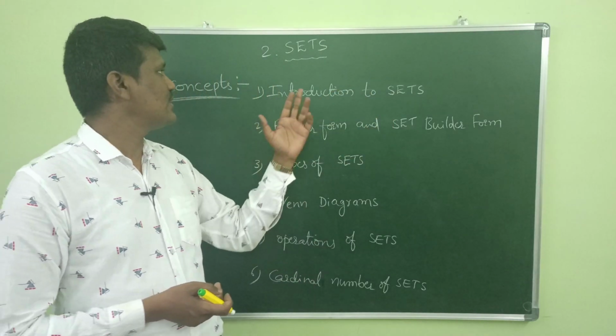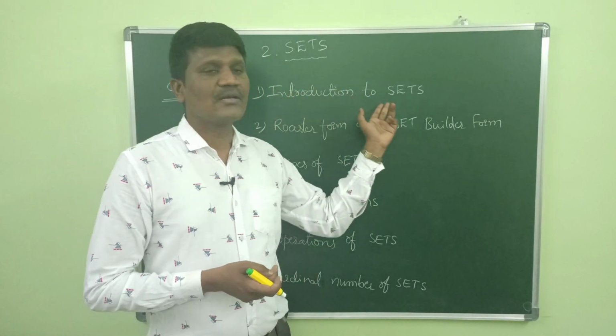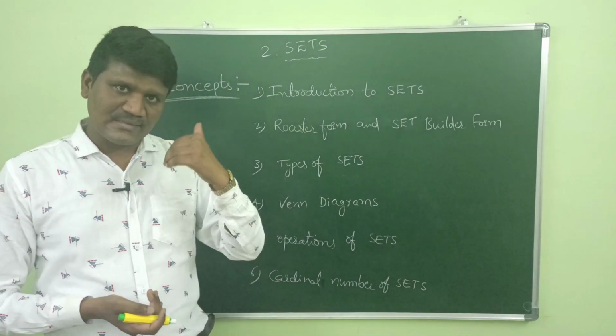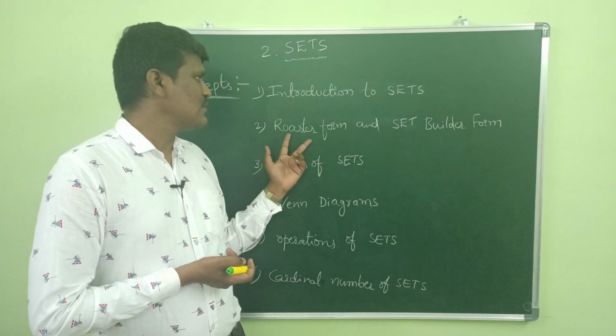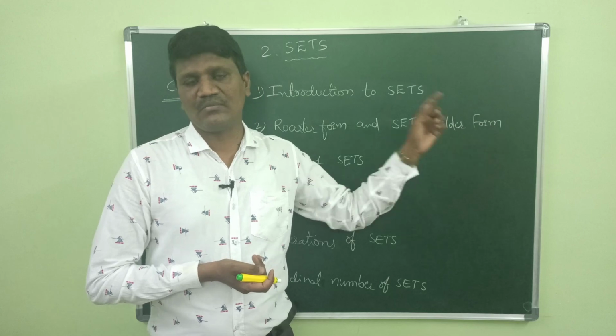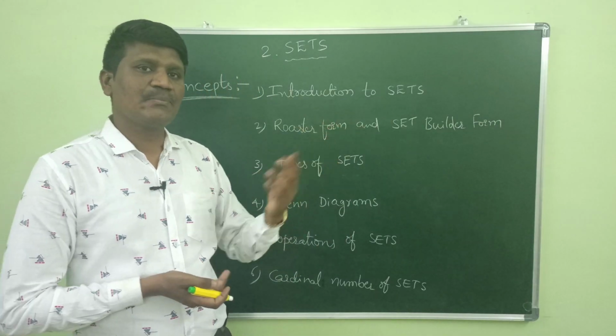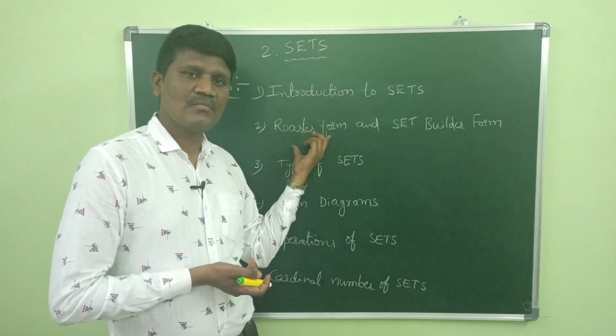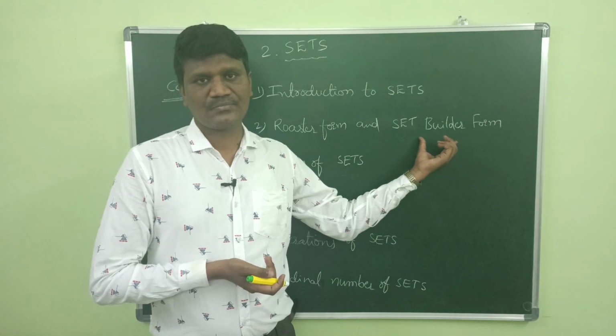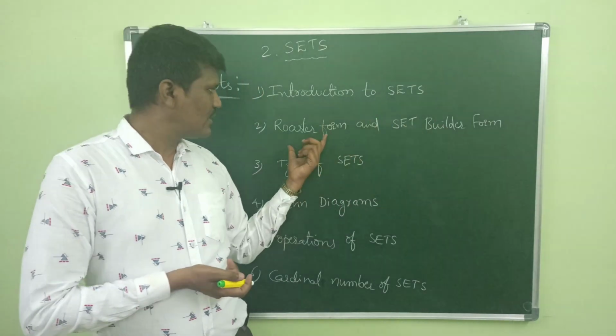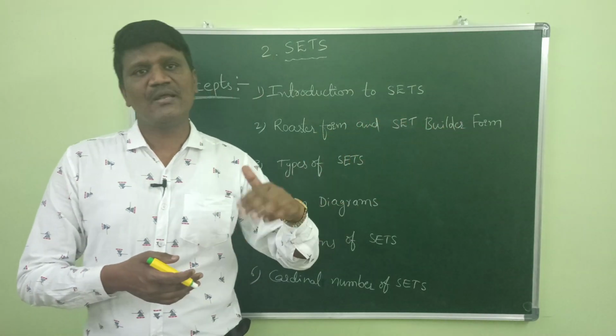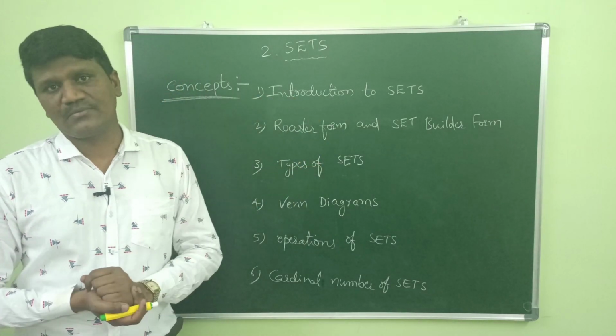Everything we will discuss in introduction to sets. The second concept is roster form and set builder form. A set can be represented in roster form and also in set builder form. We will explain this in detail in the second concept video.